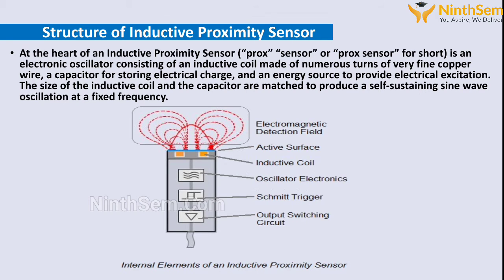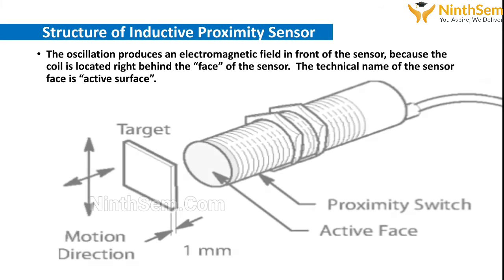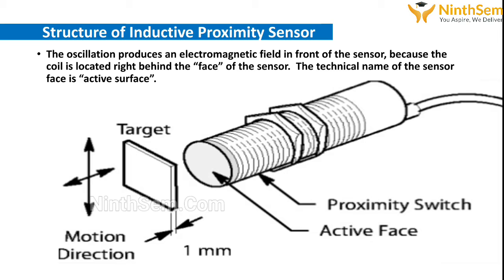The size of the inductive coil and the capacitor are matched to produce self-sustaining sine wave oscillation at a fixed frequency. The oscillation produces an electromagnetic field in front of the sensor because the coil is located right behind the face of the sensor. Hence, the technical name of the face of the sensor is the active surface.